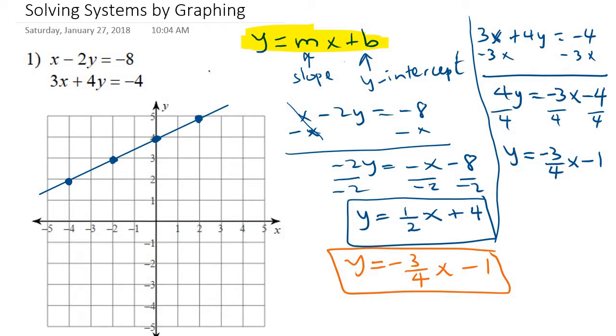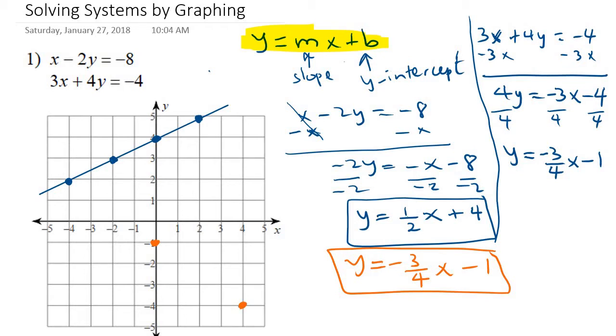So we're going to start from -1, and we're going to go 3 down and 4 over. 3 down and then 4 over. So that means we're going to go 4 this way. 1, 2, 3 and 4 over.